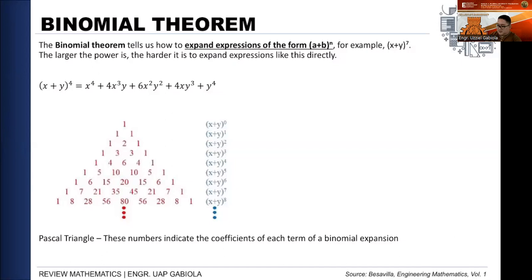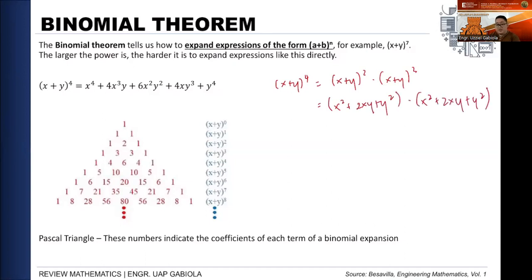So, ibig sabihin, si x plus y raised to 4, pwede natin i-represent as x plus y squared times x plus y squared. So, kung naka-squared lang yan, yan yung alam natin, expansion ng madali. No? So, alam natin, the first one is x squared plus 2xy plus y squared. Multiply daw natin ng x squared plus 2xy plus y squared.